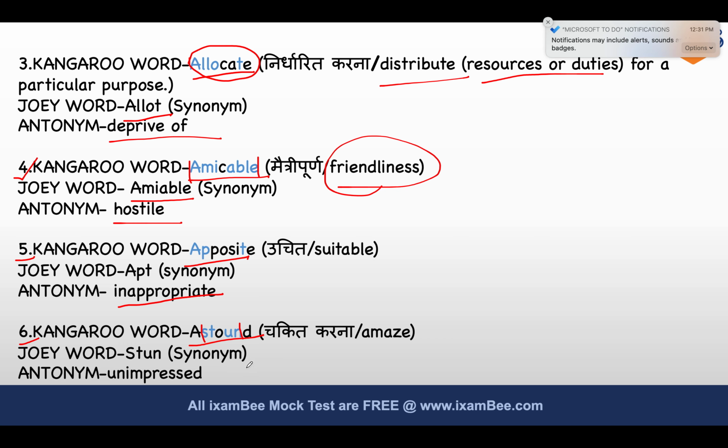Now, if your word means to stun someone or amaze someone, what would the opposite be? The opposite meaning would be something like when someone is not surprised or someone is not impressed. So the accurate word in this case would be unimpressed, right? When someone is not impressed by whatever you are doing, that person is not stunned, not amazed. In that case, you use the word unimpressed.